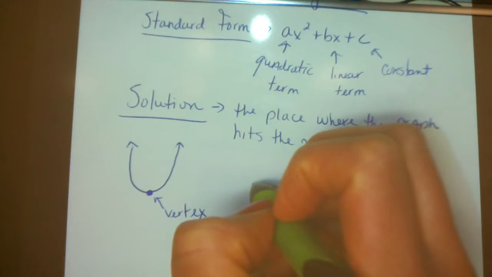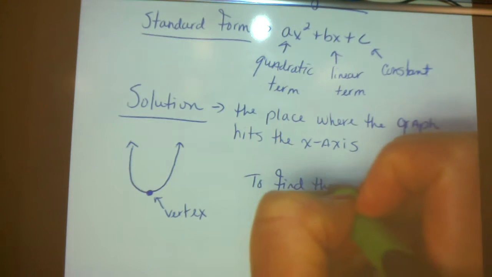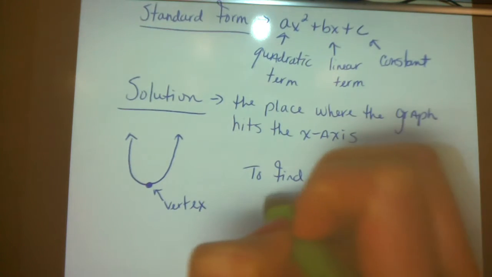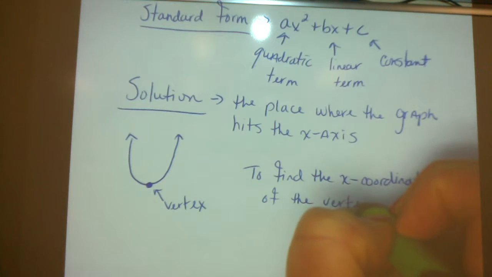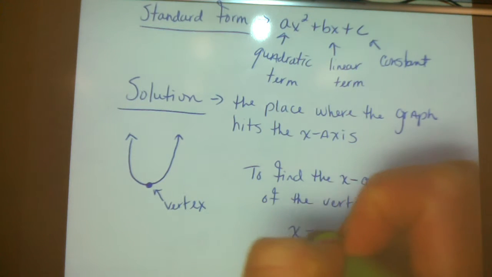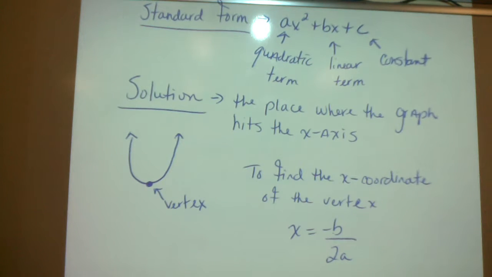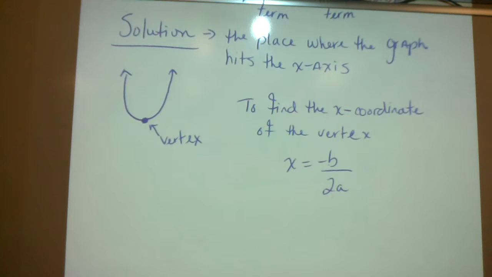We call it to find the x coordinate of the vertex. It's x is equal to negative b over 2a. You don't have to memorize it, but you'll be using it so much that you'll remember it.